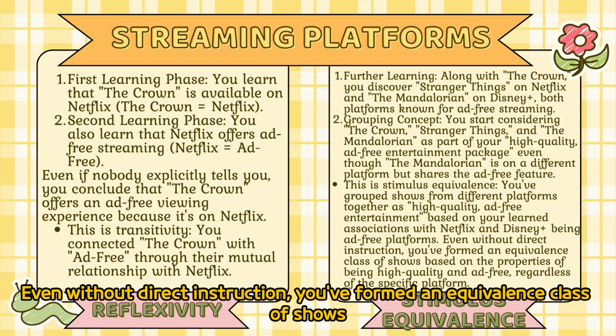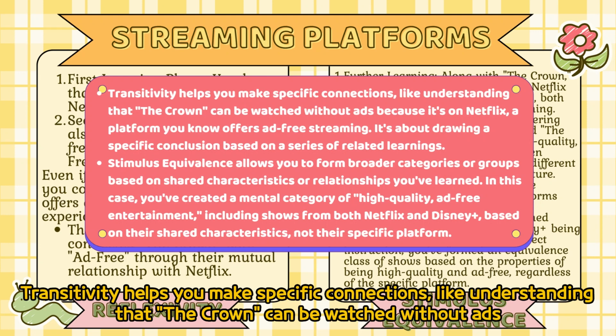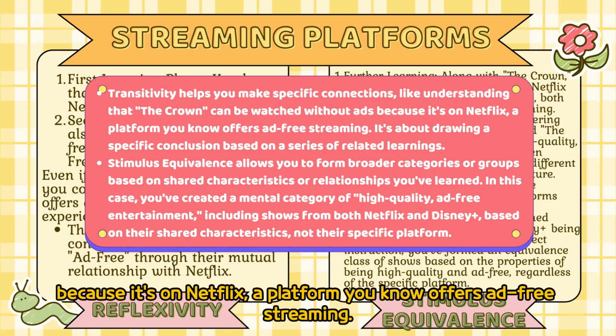Even without direct instruction, you've formed an equivalence class of shows, based on the properties of being high-quality and ad-free, regardless of the specific platform. Transitivity helps you make specific connections, like understanding that The Crown can be watched without ads because it's on Netflix, a platform you know offers ad-free streaming.